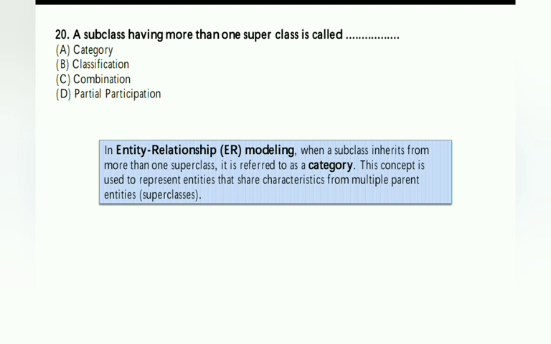This concept is used to represent entities that share characteristics from multiple parent entities, that is, superclasses. So it is an example of multiple inheritance. A subclass has more than one parent class, or superclass, so it inherits the properties of the multiple parent classes into a subclass. In ER modeling, we call it a category.